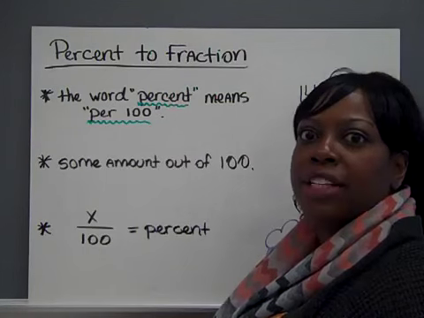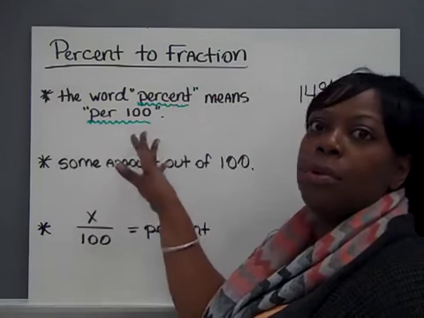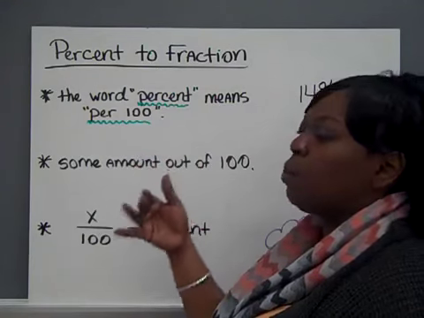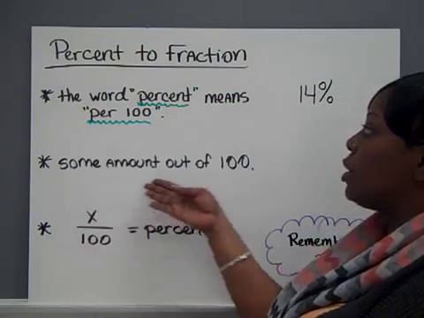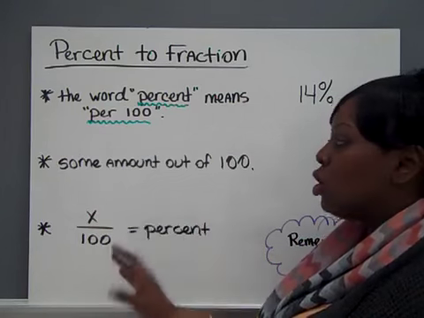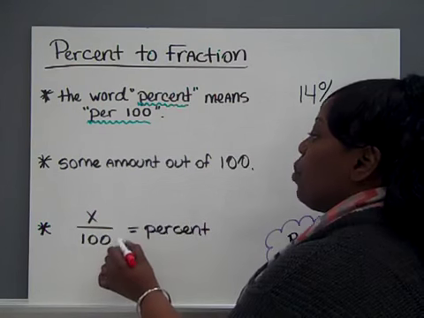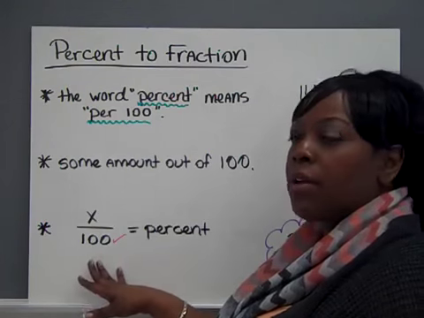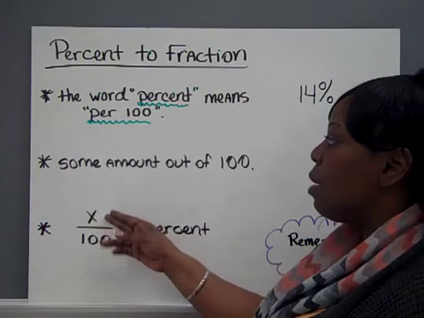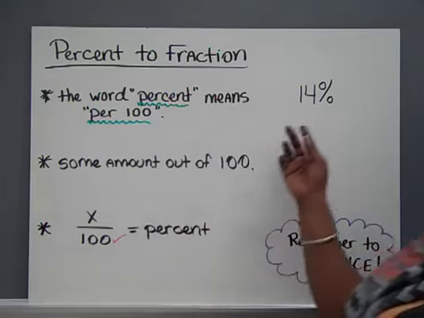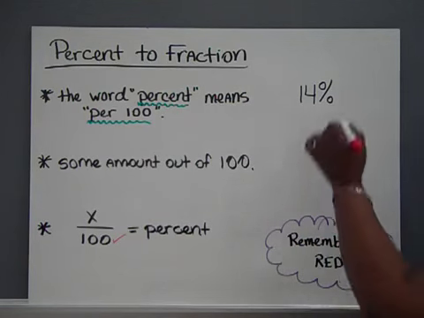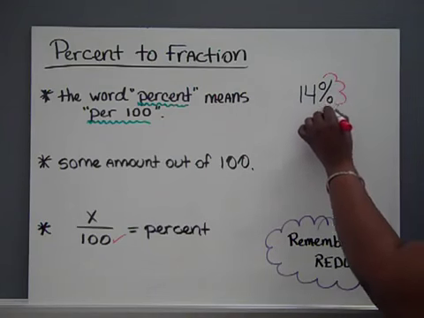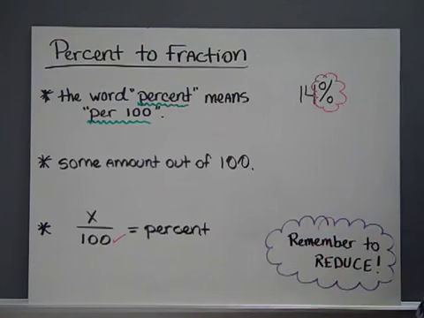A percent to a fraction. Basically, you have to remember the vocabulary, and that means what the word percent means. Percent means per 100, or some number out of 100. So whenever you have a fraction with the number 100 in the denominator, that is a percent. That is some number out of 100. So if I gave you 14% and asked you to change this to a fraction, hopefully we would remember what the word percent means.